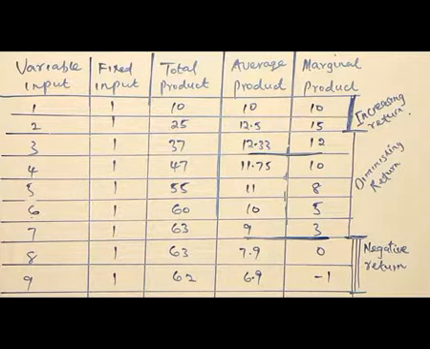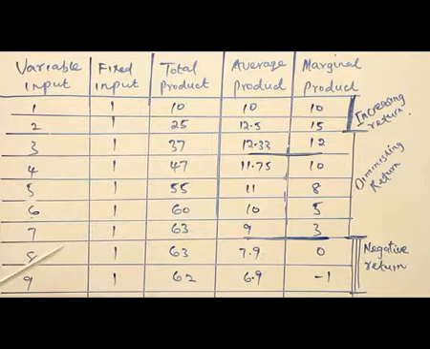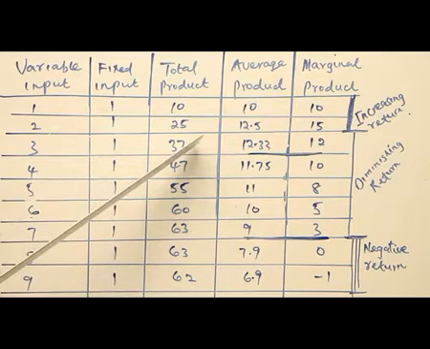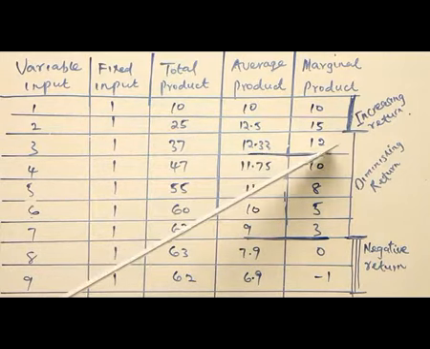As more variable input is employed, total output will be increasing to the extent that the fixed input will be getting to its maximum capacity. That is what we can observe from variable input 3 down to variable input 7. At input 3, we have total product 37, average 12.33, marginal 12.